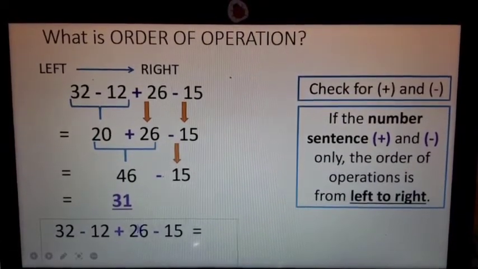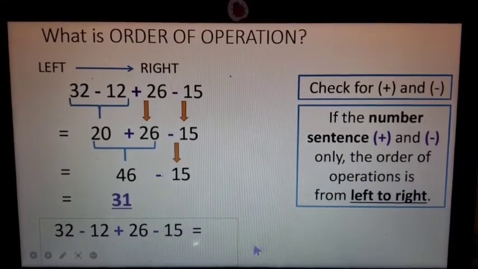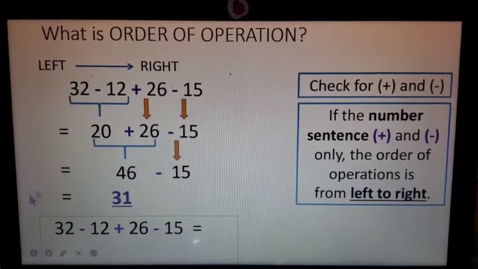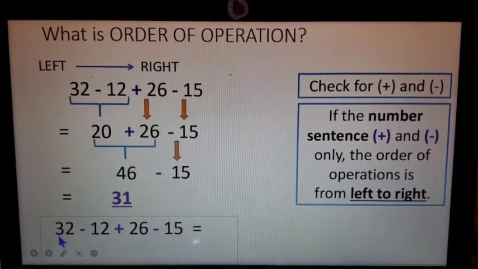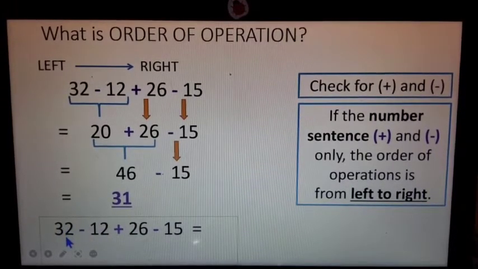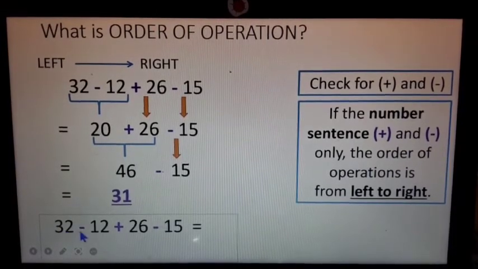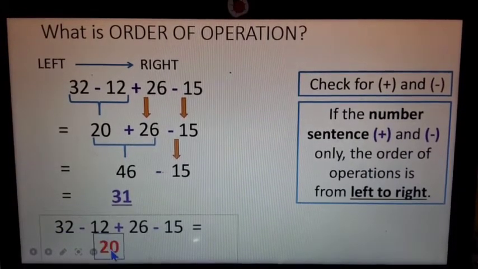Okay. The same goes for without working. You can show your working at the side of your book later, if you need to find the answer. Right? You can show your working. That is simply great. Okay, so 32 minus 12 is 20.